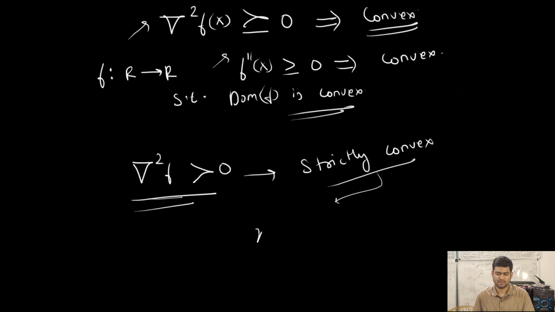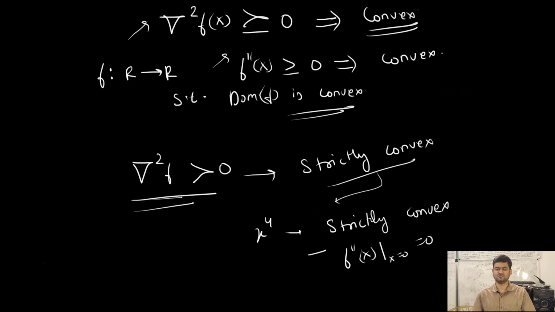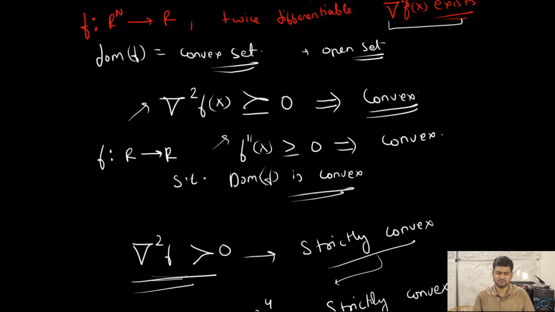For example, x to the power 4 is strictly convex, but f double dash of x at x equal to 0 is 0. So the converse is not true. All the strictly convex, twice differentiable functions don't have to satisfy this condition, but this condition is a necessary and sufficient condition for twice differentiable functions to be convex.